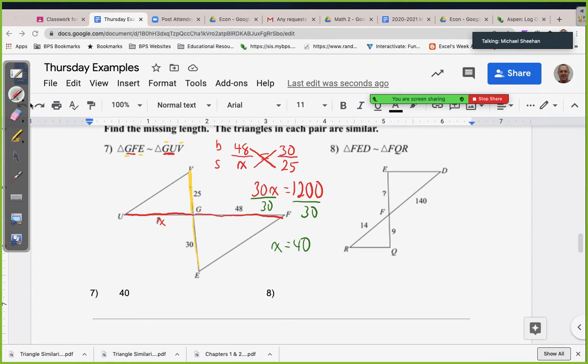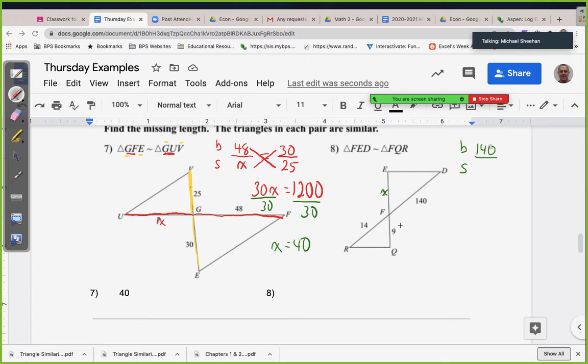All right, so let's stick with the big triangle on top, and the little triangle on the bottom. The question mark, I'm going to call that X. Olivier, do you want to start with the 140 or the X? 140. All right, so 140.